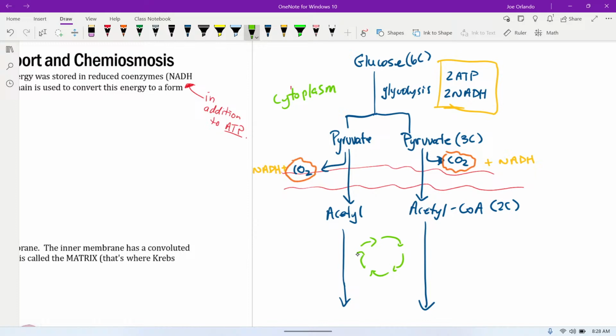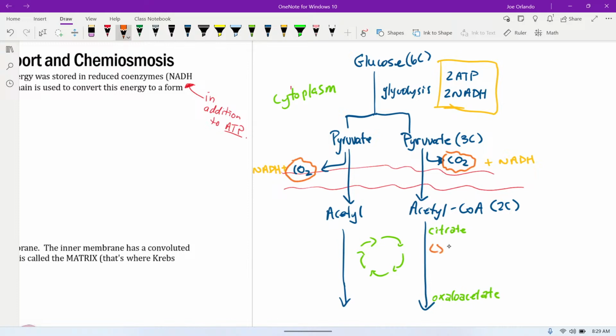You don't need to know that it goes malate, oxaloacetate. But we should know that once the acetyl coenzyme binds on, it forms citrate or citric acid. And by the time it's done, what will it have formed? What's the end point that can then be recycled to start again? Oxaloacetate.